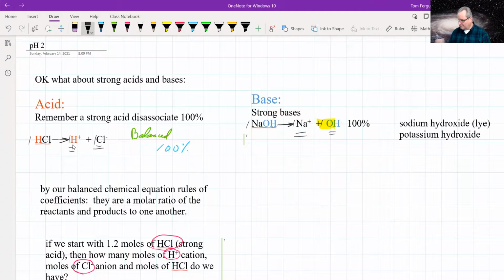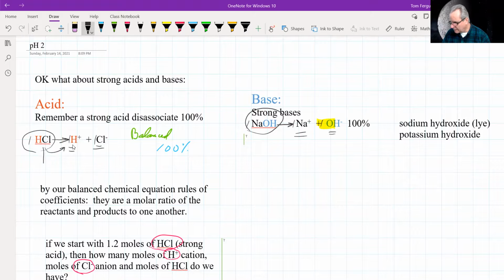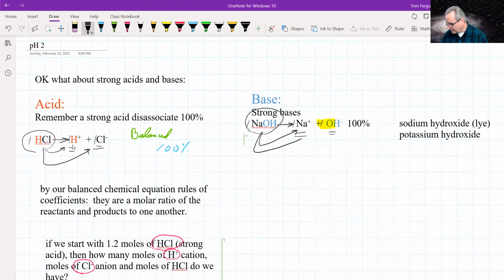Now, the reason why I'm pushing this balance stuff is that frequently we're given the parameters for the whole acid and the whole base. And once we find the molarity of that, or the moles of that, we know the moles of this, and we know the moles of that automatically, on a one-to-one basis.